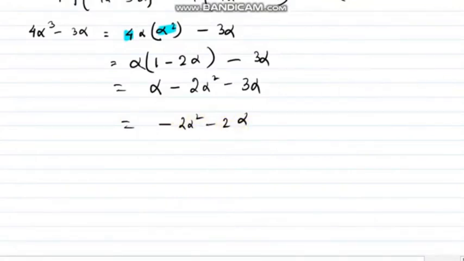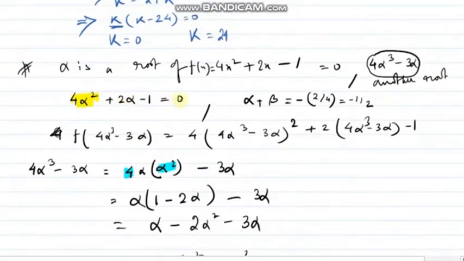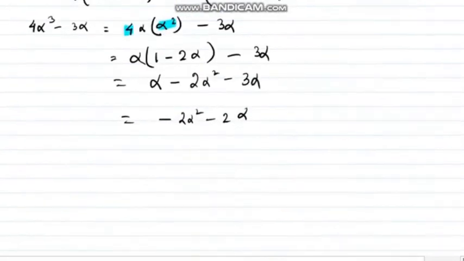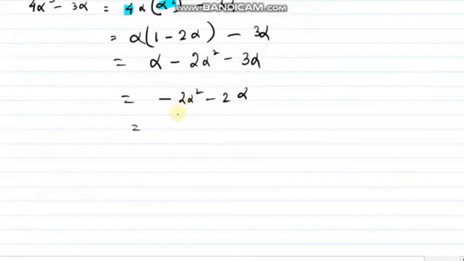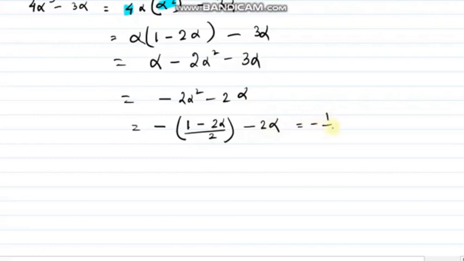So now again 4 alpha square was 1 minus 2 alpha, so 2 alpha square will be 1 minus 2 alpha divided by 2. So minus half plus alpha minus 2 alpha, so minus half minus alpha.